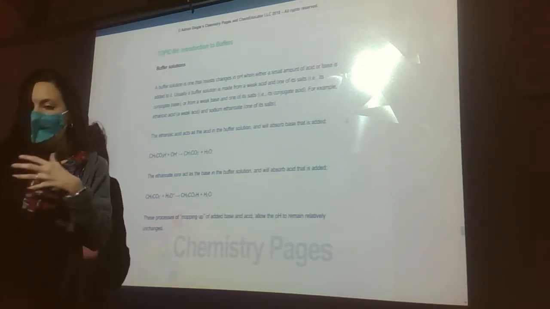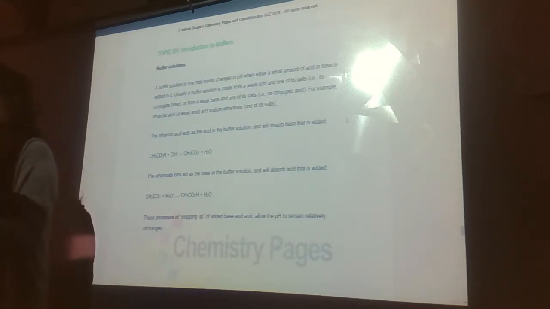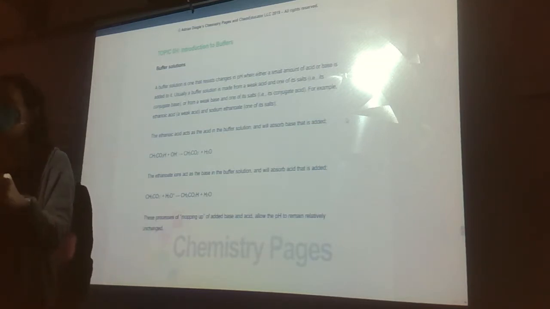So a buffer solution is a solution that keeps pHs from changing by large amounts. It resists changes in pH. And it does that by having ions that mop up hydronium or mop up hydroxide as they get added.